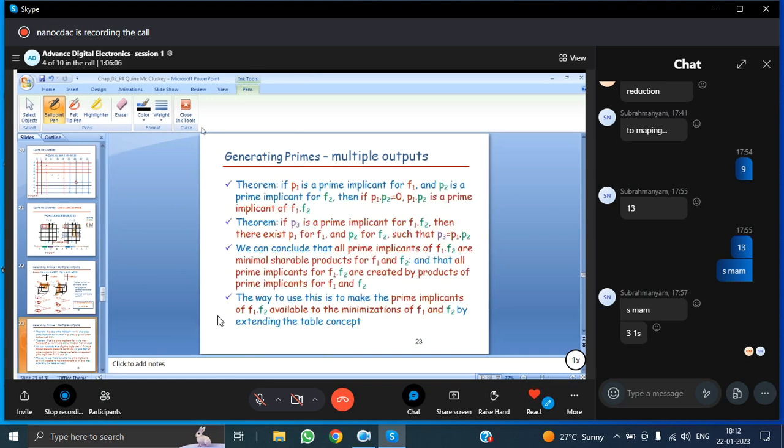Okay, so ikkada one conclusion I would like to give entante, so K map is important and McCluskey method is also important.